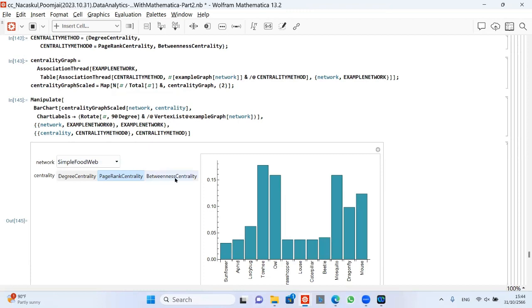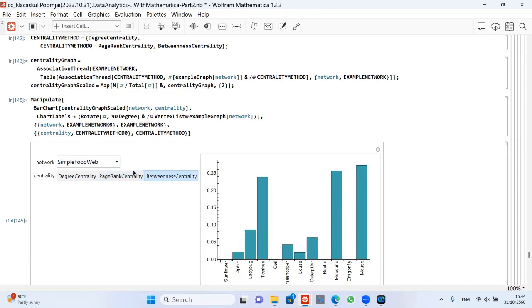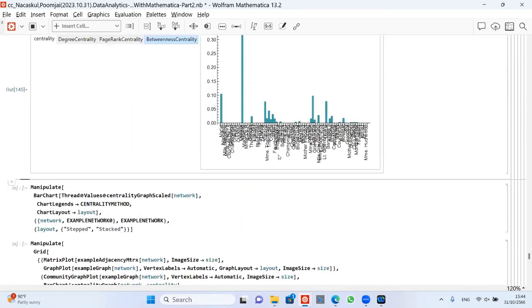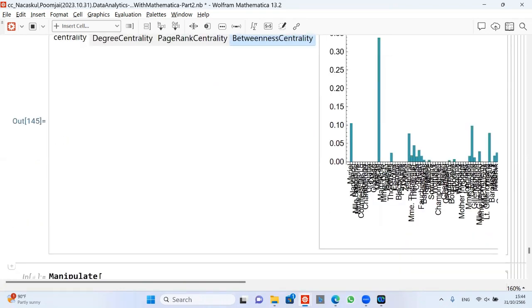So let's turn to betweenness centrality and think of the play.